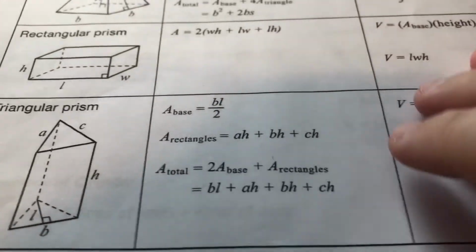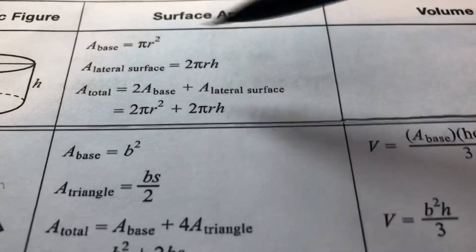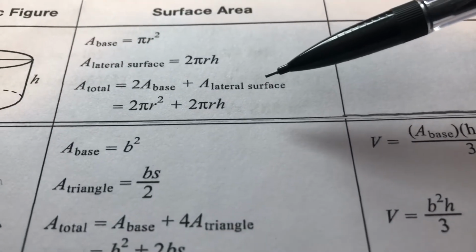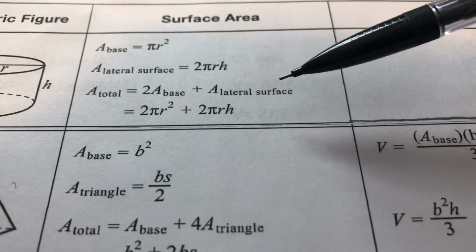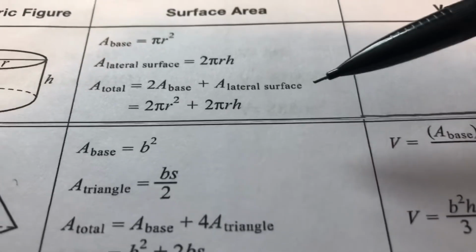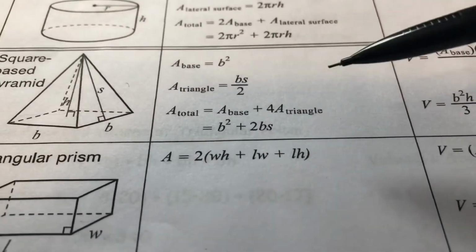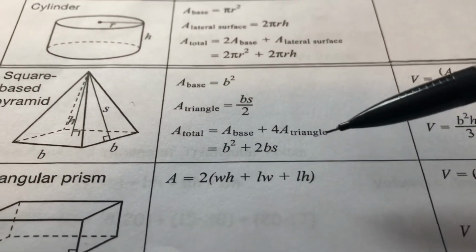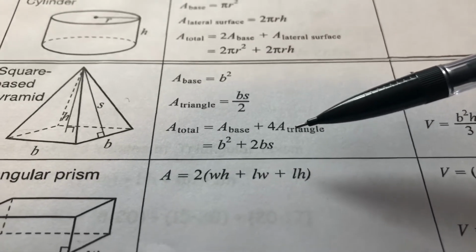So all of your different formulas for surface area, for cylinder, you've got surface area is 2 pi r squared plus 2 pi r h, and don't forget for pi we're using 3.14. For your square base pyramid, you have b squared plus 2 times b times s.